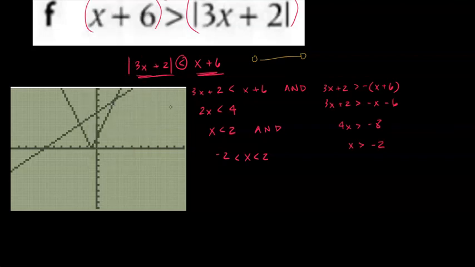So you can see that this is probably negative 2, and right here is probably 2. So those are the 2 intersections. Here's the absolute value. The y values of the absolute value here are lower than of this linear function right here. And so it's all of this area right there. I hope that helps.